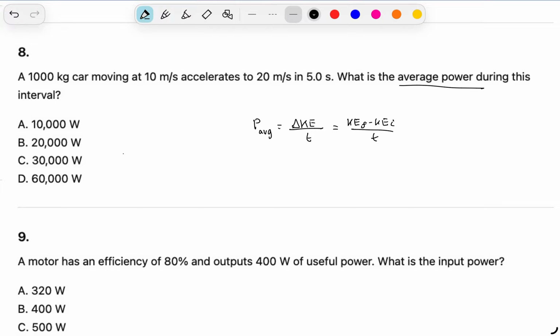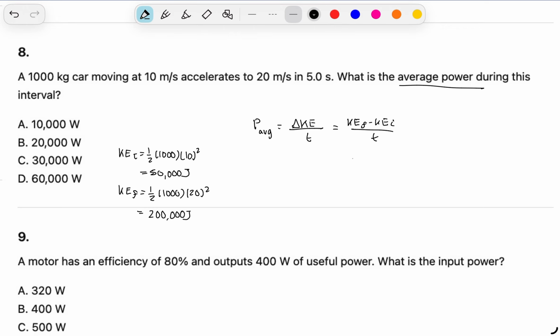So you're going to have 1/2 times 1,000 times 10 squared, and that is going to be equal to 50,000 joules. Now for your final kinetic energy, this is going to equal 1/2 times 1,000 times 20 squared, and that's going to equal 200,000 joules.